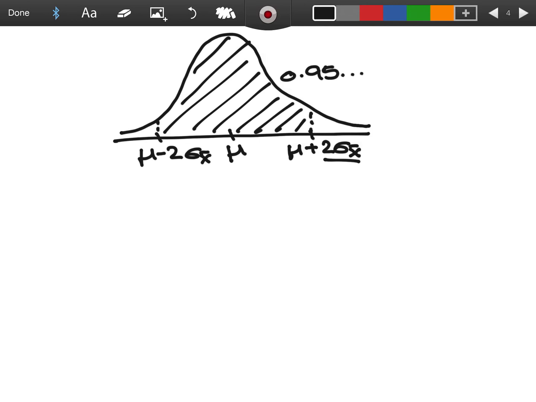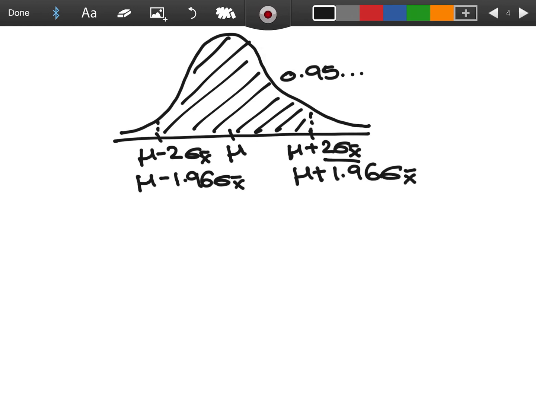To get exactly 95% of the data to lie in some interval around the mean, it's 1.96 times the standard deviation. So this was an estimate, but the actual value is 1.96 times the standard deviation. For what we do normally, just saying it's roughly 2 standard deviations is good enough.